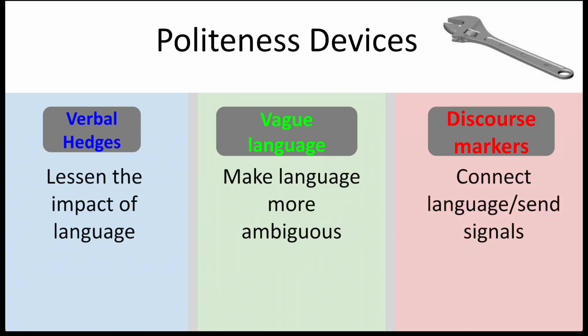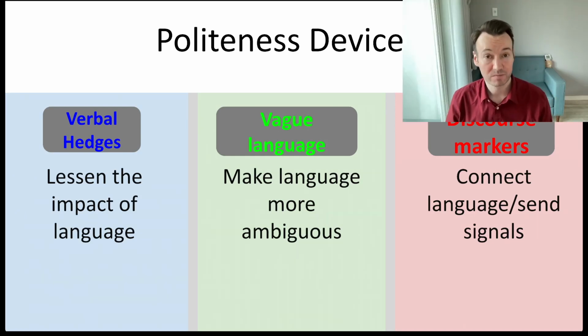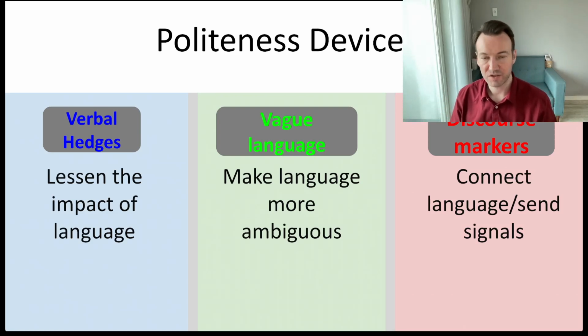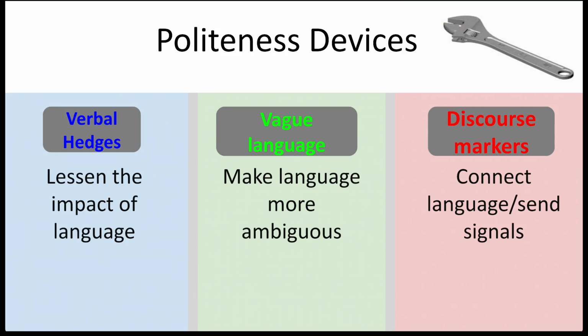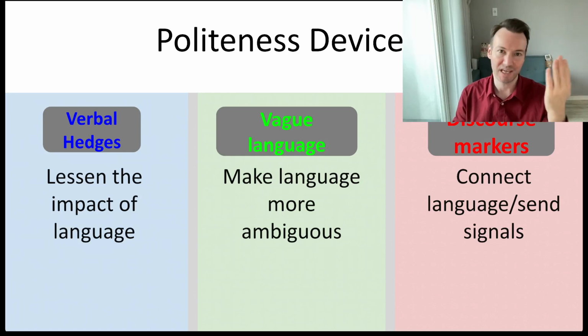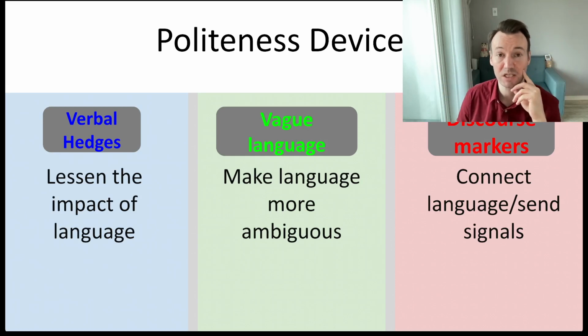And discourse markers, they are used to connect language and also send signals. So often discourse markers do not have a dictionary meaning. They don't have a grammar function. What they are doing is signaling something. So a very common example would be like. So like, of course, has a grammatical meaning of I like ice cream, or A is like B, talking about similarity.